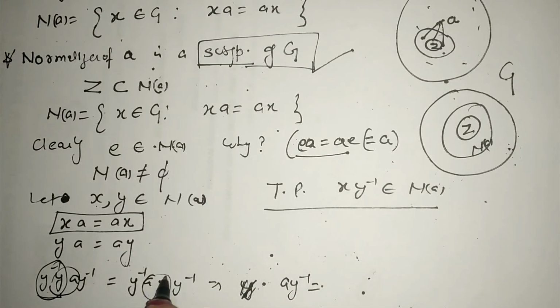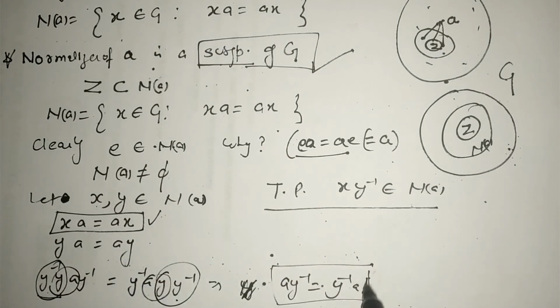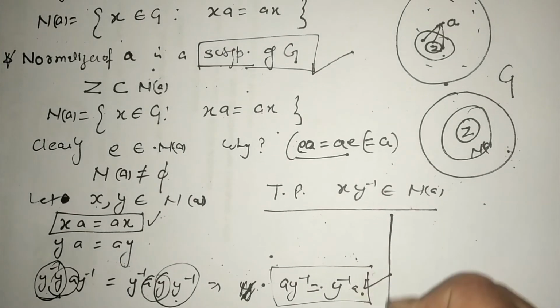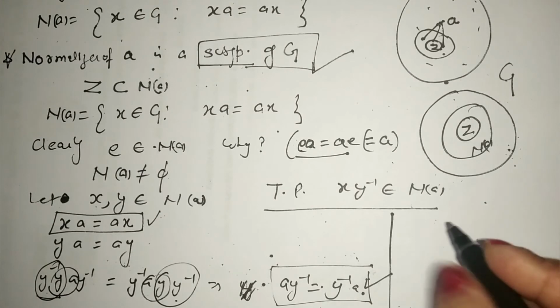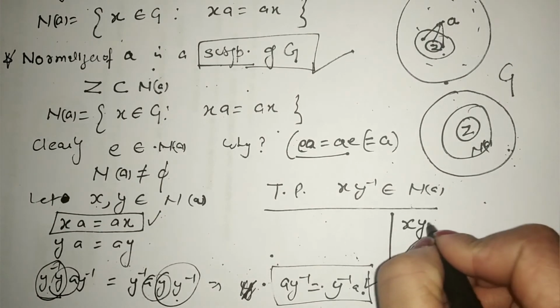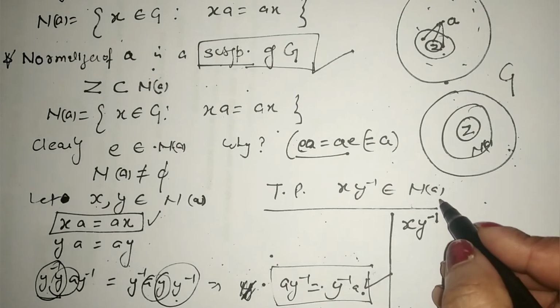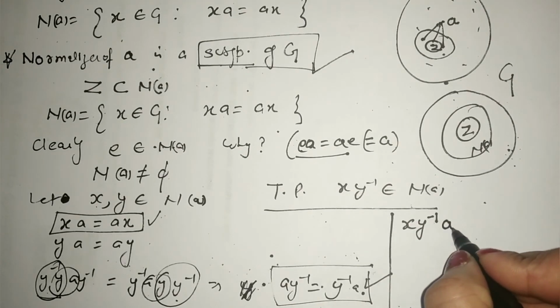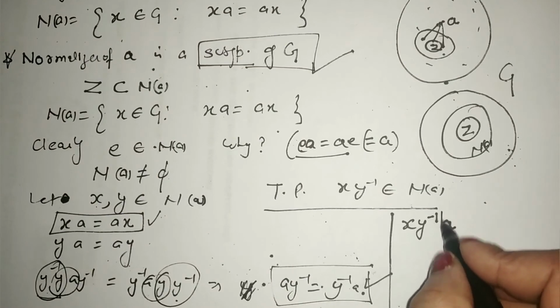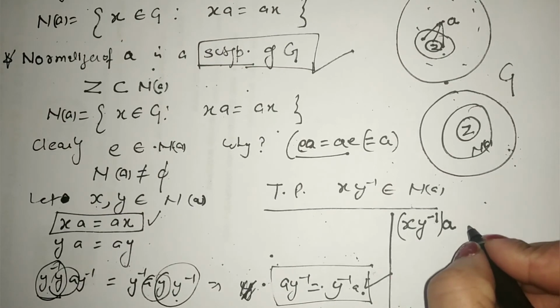On the other hand, this will be identity Y inverse into A. So this is the other result. So we are going to use these two to prove normalizer is a subgroup. So we have to prove X into Y inverse belongs to Na. So it will belong to Na if it commutes with A. So we are going to check whether it is commutative with A or not.